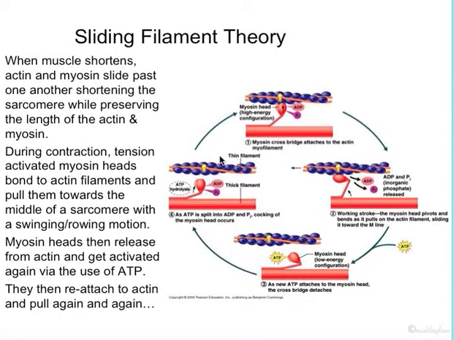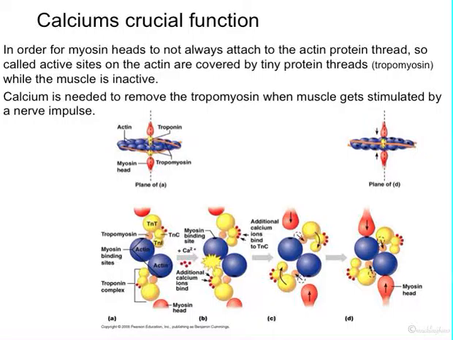That's how we move. The revolving of that process brings the myosin closer to the Z lines, the attachment sites of the thin filaments of the actin. And here is the reason why we have the calcium again. In order for the myosin heads to not always attach to the actin protein thread, the so-called active sites on the actin are covered by tiny protein threads.